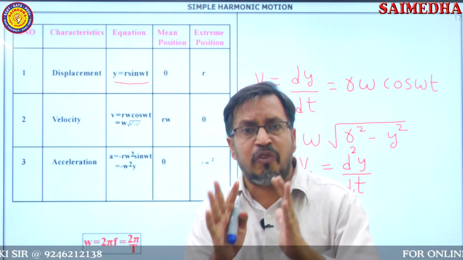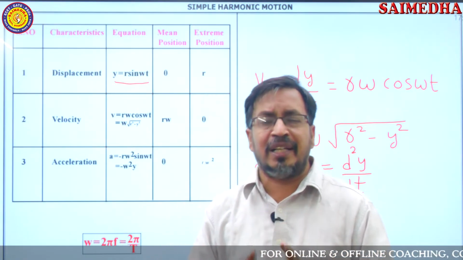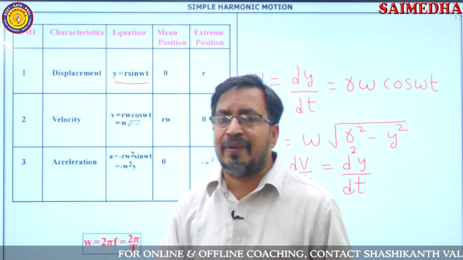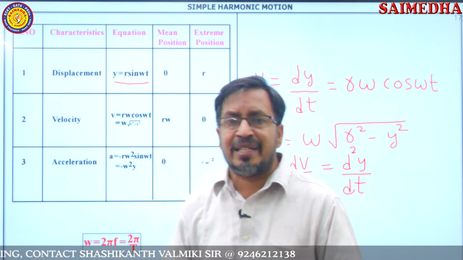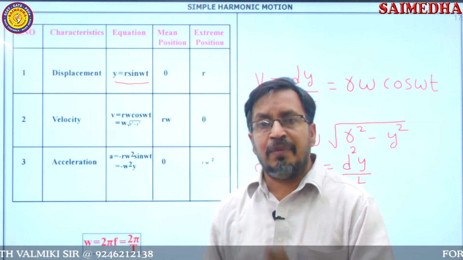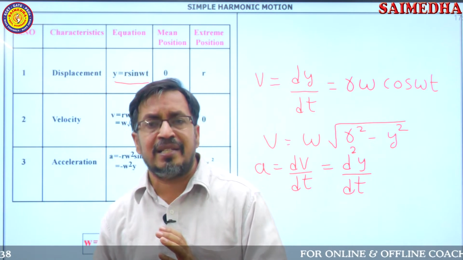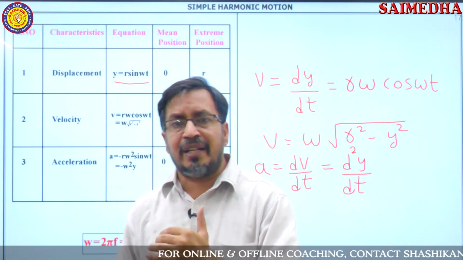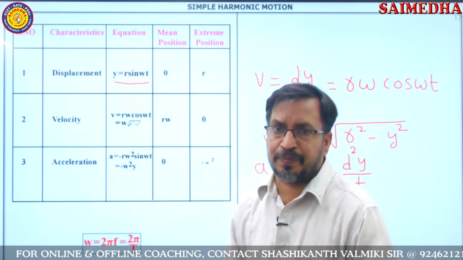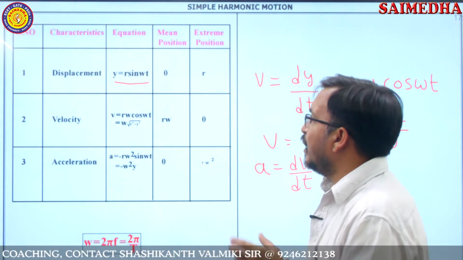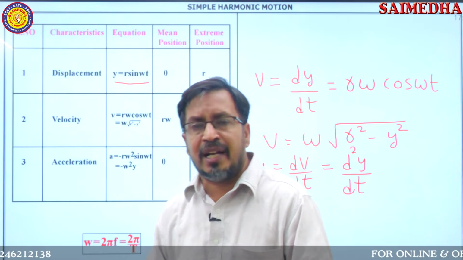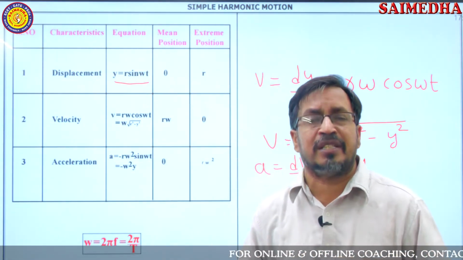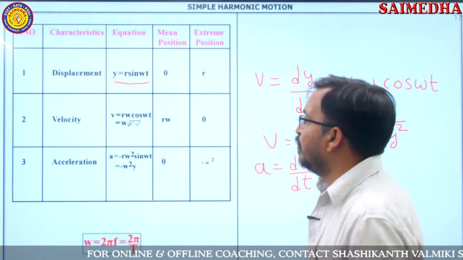Remember these 4 formulas: the displacement equation, the velocity equation in sin or cos, and the velocity equation in displacement. Similarly, the acceleration equation and again the acceleration equation in displacement. After that, 2 standard bits we are considering. One is mean position, another is extreme position. What is mean position?